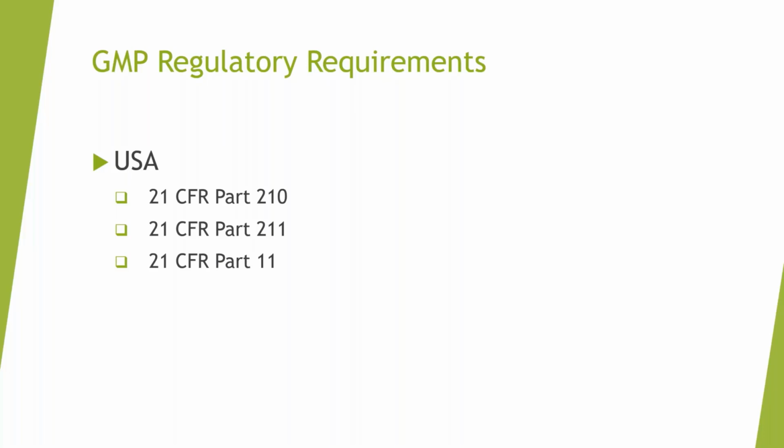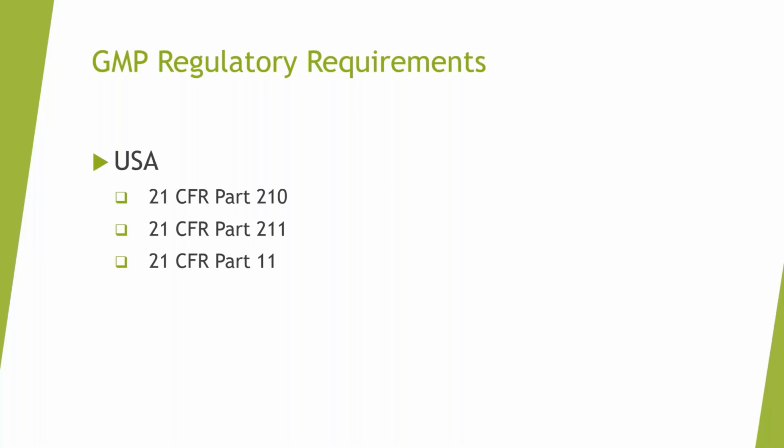But for instance, within the USA, we have the Code of Federal Regulations 21 CFR Part 210, which is current good manufacturing practice in manufacturing, processing, packing or holding of drugs. We also have 21 CFR Part 211, which applies to cGMP for finished products.